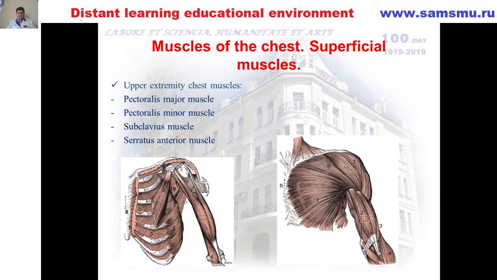The pectoralis minor muscle, musculus pectoralis minor, which you may read on this picture and see as number 2, is under the greater pectoral muscle. It originates from the 2nd to 5th ribs. You may see these ribs.